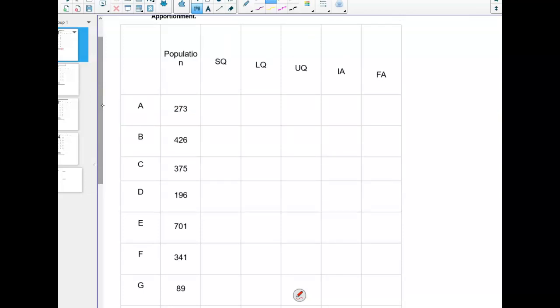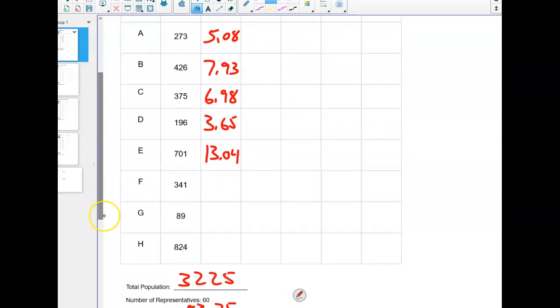273 divided by 53.75 rounds to 5.08. 426 divided by 53.75 rounds to 7.93. 375 divided by 53.75 rounds to 6.98. 196 divided by 53.75 rounds to 3.65. 701 divided by 53.75 rounds to 13.04. 341 divided by 53.75 rounds to 6.34. 89 divided by 53.75 rounds to 1.66.